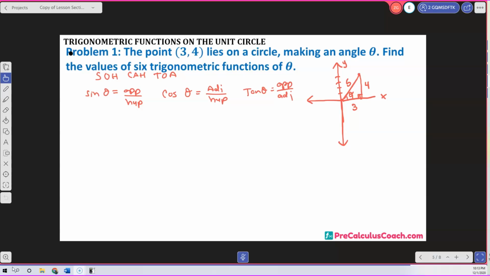So therefore, sine of theta, opposite over hypotenuse, is 4 over 5. Cosine of theta is adjacent, which is going to be 3 over 5. And then tangent of theta is going to be opposite over adjacent. Now remember the reciprocal functions.